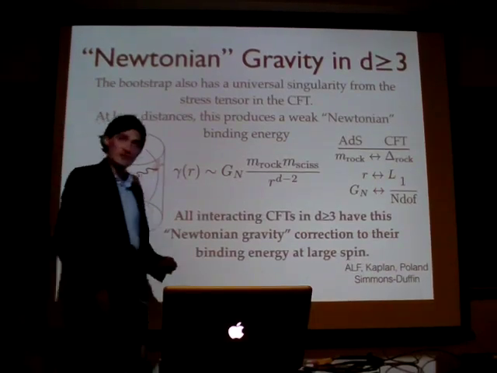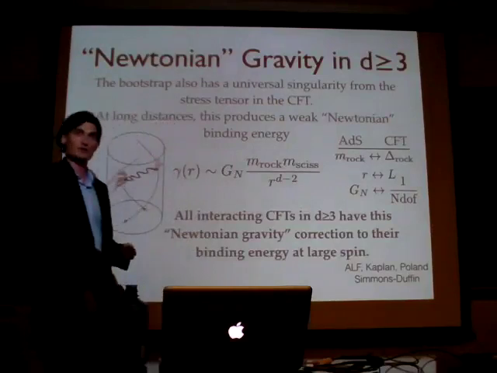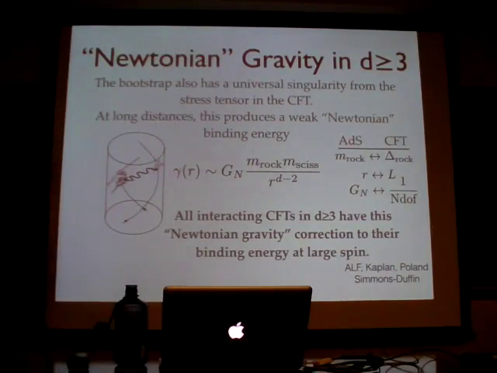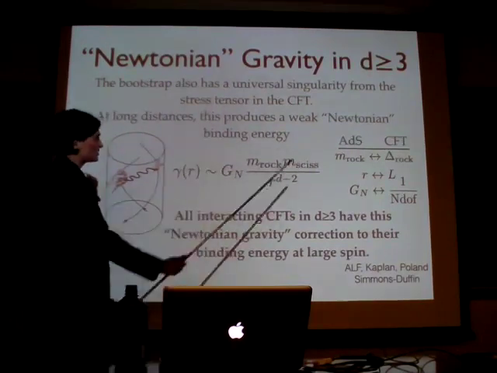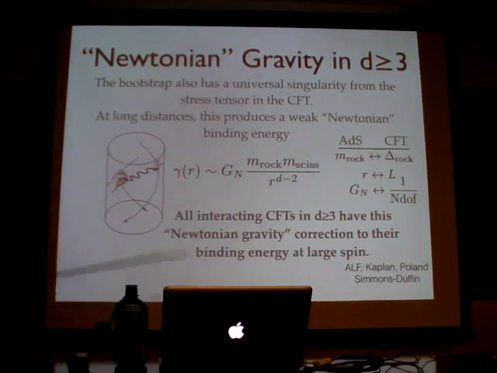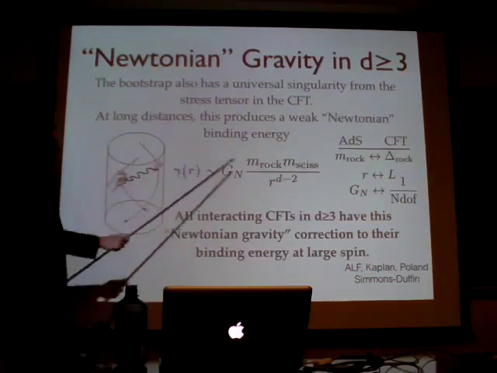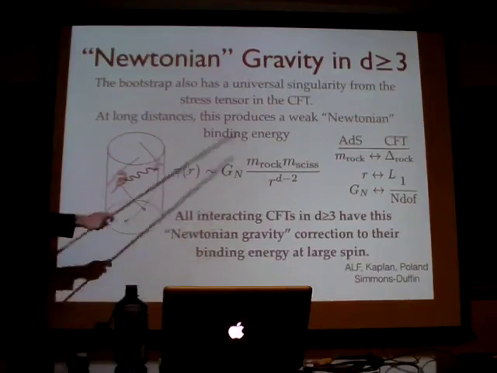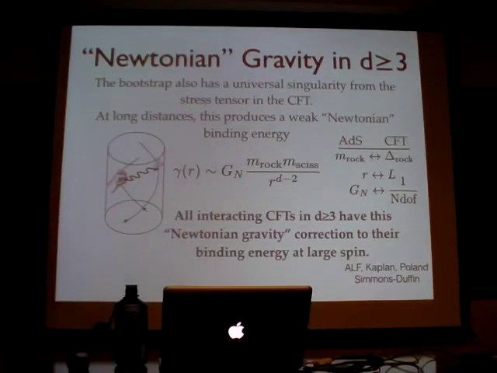You know the operator product coefficient, it's completely fixed by conformal invariance. What you learn when you demand that you reproduce the singularity is that there has to be a subleading singularity, matched by a correction term of the following form, which is exactly of the form of a Newtonian binding energy.